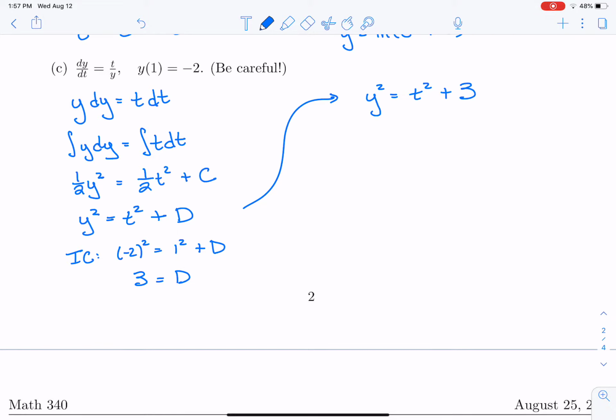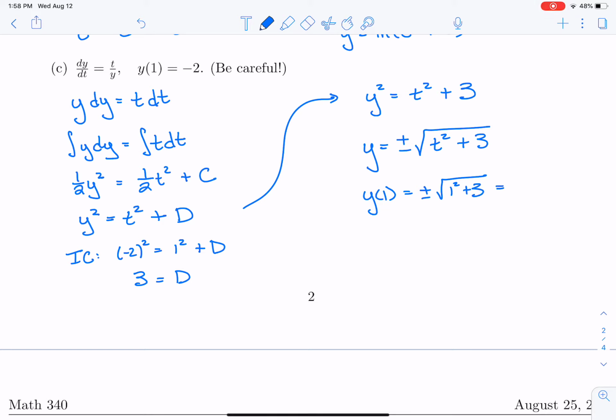Okay, so I'm going to take the square root of both sides. So y is equal to the square root of t squared plus 3. But it's important to understand in this case that there are 2 possible square roots. Okay, there's a positive square root and a negative square root. So I have to figure out which one is the correct one. Okay, so if I use the initial condition again, y of 1 is going to be plus or minus the square root of, let's see, 1 squared plus 3.